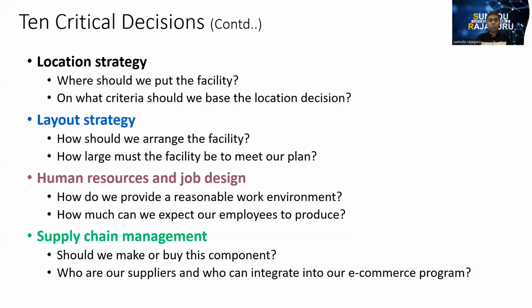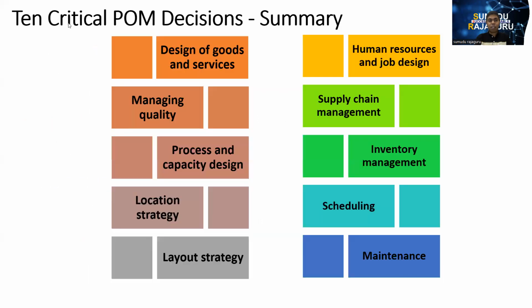Okay, all things we have discussed. This is the summary. The 10 critical decisions are: design of goods and service, managing quality, process and capacity design, location strategy, layout strategy, human resource and job designing, supply chain management, inventory management, scheduling, and maintenance related decisions.